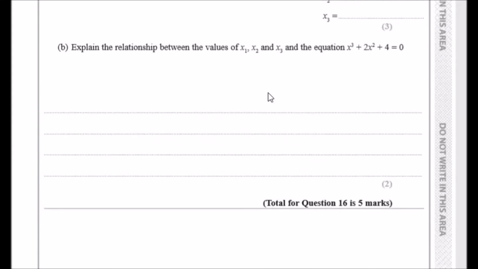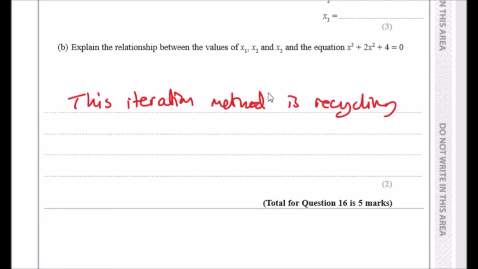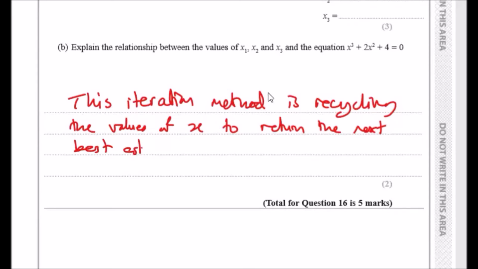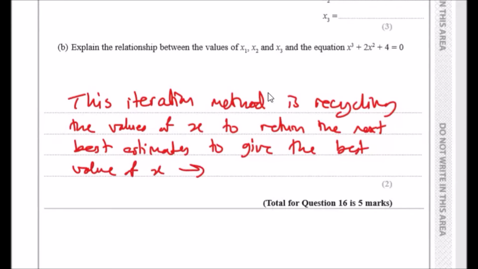So we can say the relationship would be that this iteration method is recycling, you can write this in your own words, the values of x to return the next best estimates to give the best value of x, and then this is going to correspond to a solution of 0.